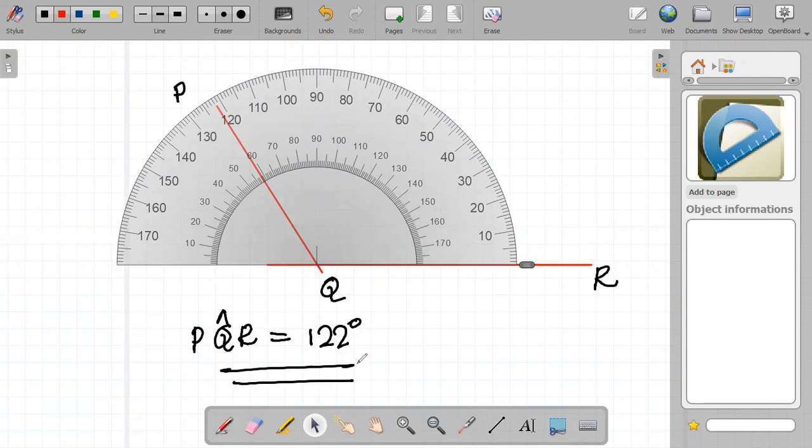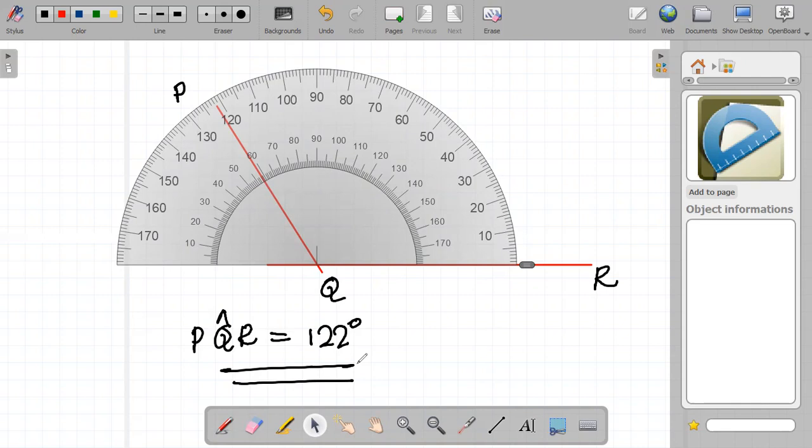Have you got it? Yes, sir. You turn to page number 98. In that page, you can see an angle and a protractor.